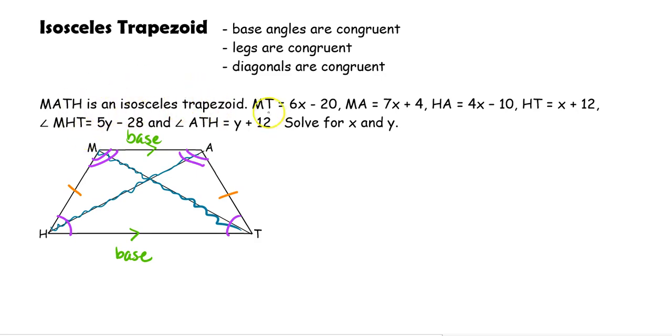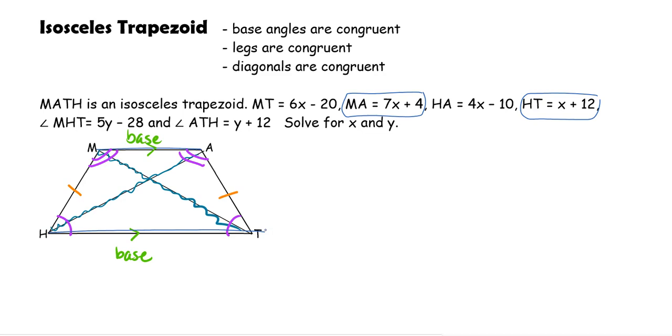So given that it's an isosceles trapezoid, we are given that MT is 6x minus 20, MA is 7x plus 4, HA, and HT. So we were given MA, which is the top, and HT, which is the bottom. We don't know anything about the relationship between the top and the bottom.